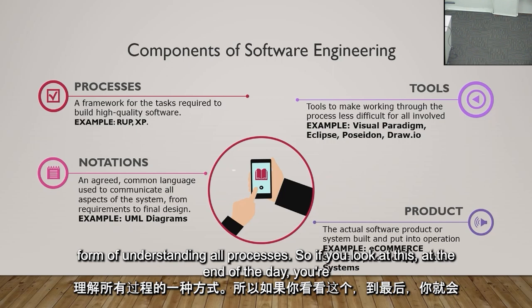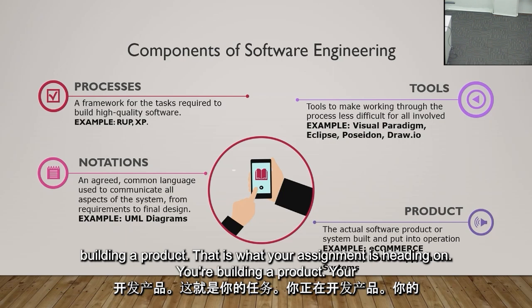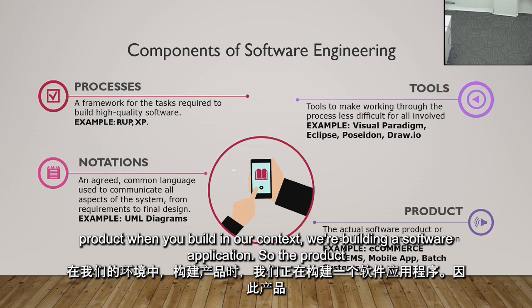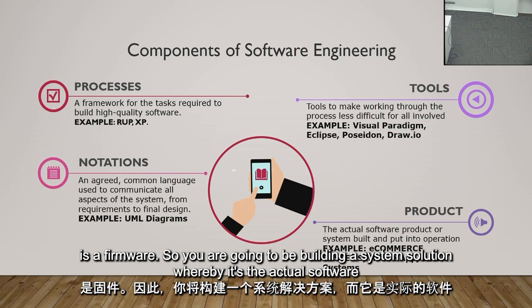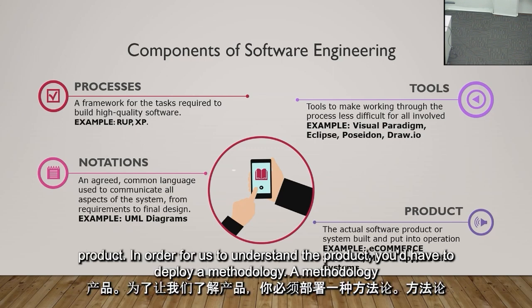So if you look at this, at the end of the day, you're building a product. That is what your assignment is heading towards. In our context, we're building a software application. So the product is a firmware. You are going to be building a system solution, the actual software product.